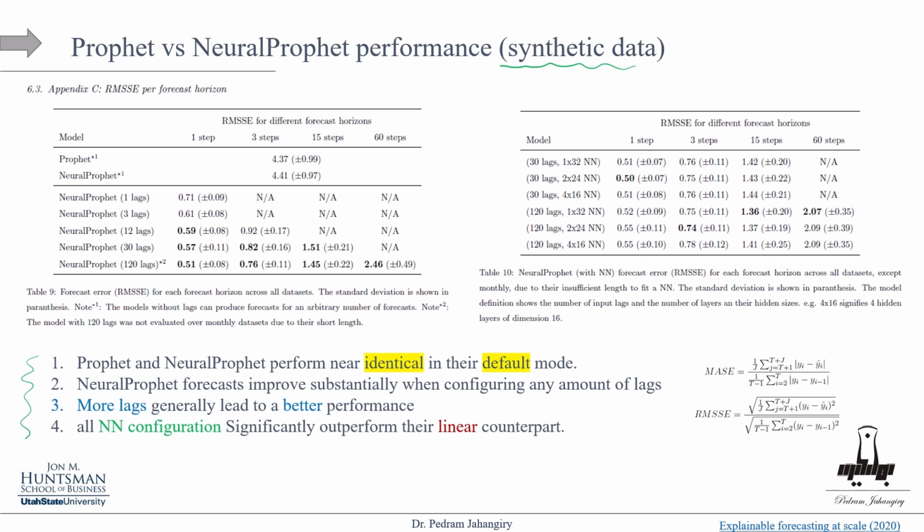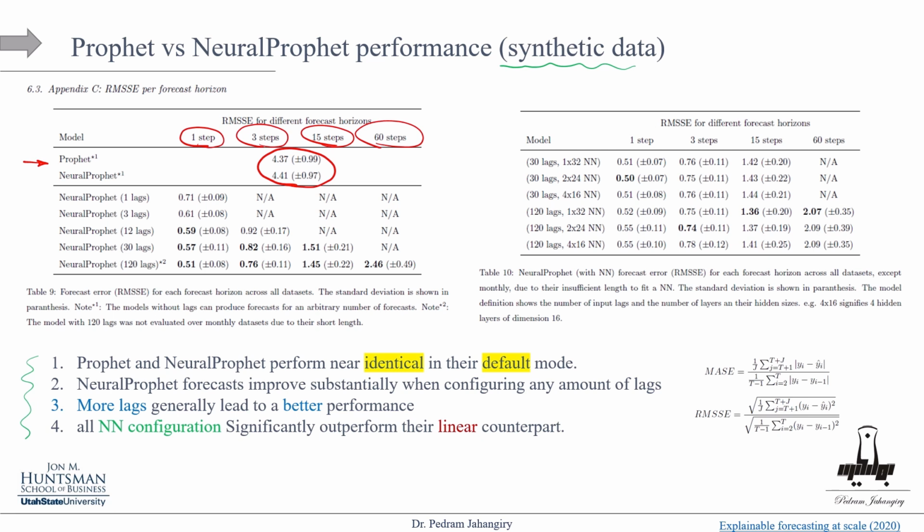Let's look at the forecasting horizon. We have 1 step ahead, we have 3 steps, and we have 15 steps versus 60 steps. And obviously we're going to compare the default version of Prophet and NeuralProphet first. This is the performance of the model over the entire test set, so we're not going to specifically report them for 1 step, 3 steps, 15 steps, and so on.